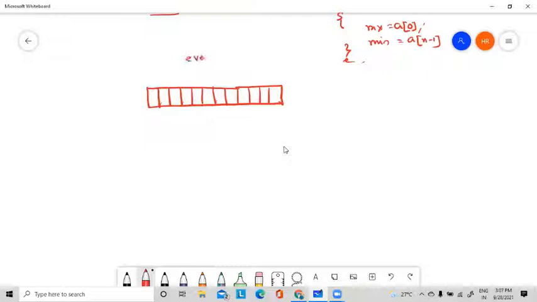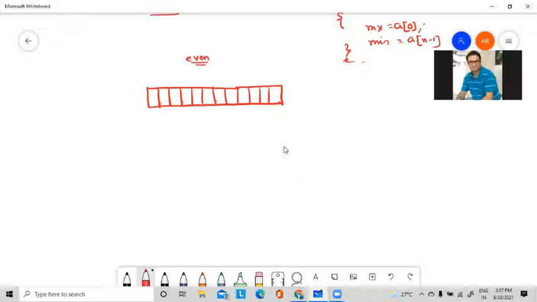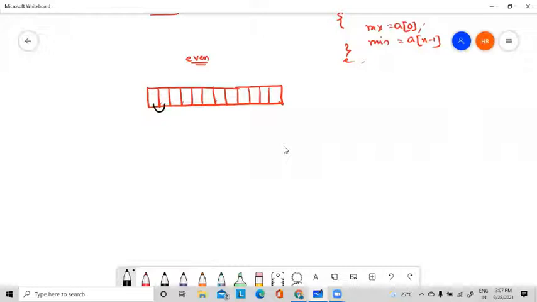You can do it with an odd number of elements also, but let us assume for simplicity there are an even number of elements. Now what you have to do is compare the adjacent elements, these two, then these two, then these two, and so on.